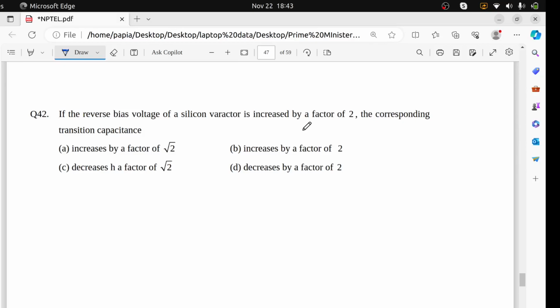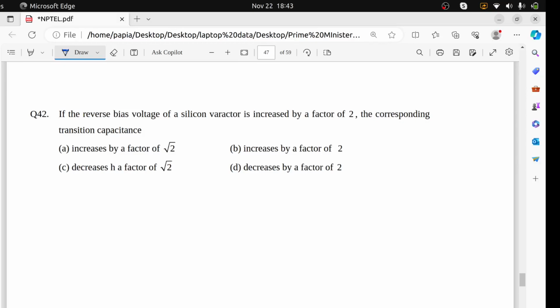Okay. So for that, I need to know one expression, so that it will be very simple for all of you. Basically, in that question, they are asking the relation between reverse bias voltage and transition capacitance, right?